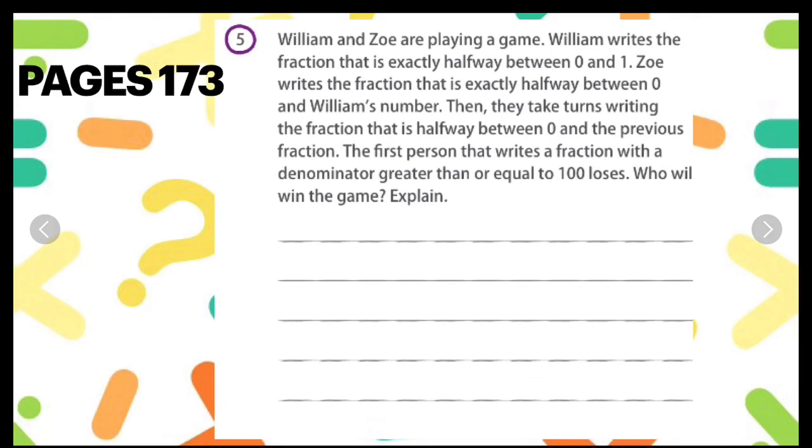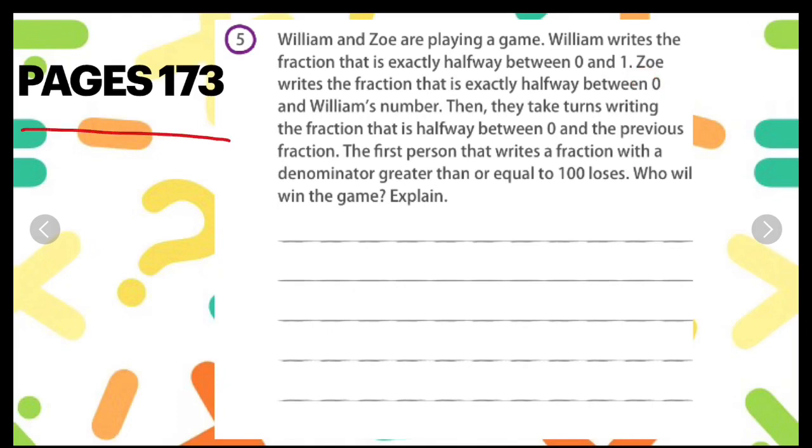Explain. In this case, according to the rules of the game, you have to see what they are giving you. It says that denominators will continue to increase if you multiply them by 2. How? For example, it's telling you that William writes the fraction that is exactly halfway between 0 and 1. What is between 0 and 1?